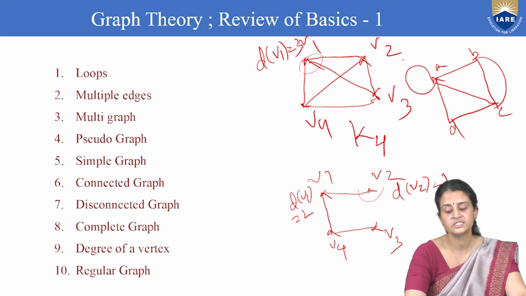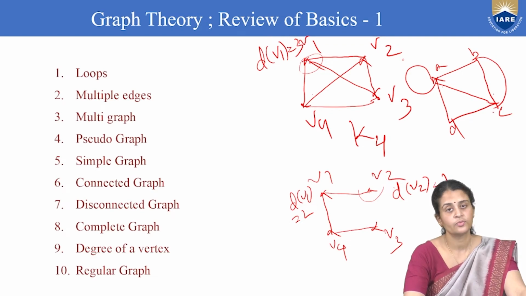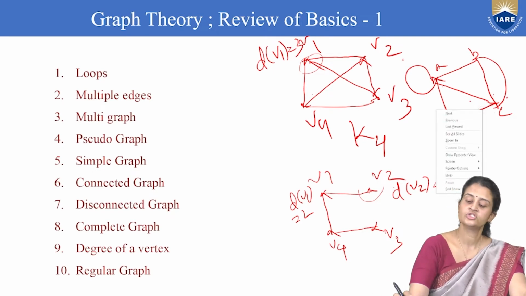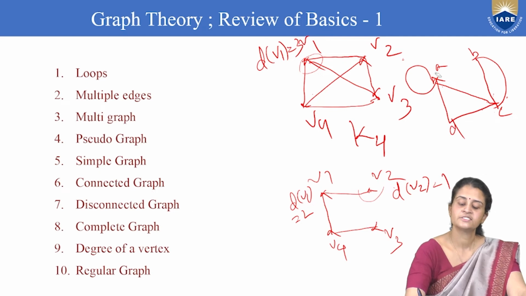So the degree of vertex A is 5. The degree of vertex B is 3. C is 4. D is 2. So the degree of a vertex is like that.